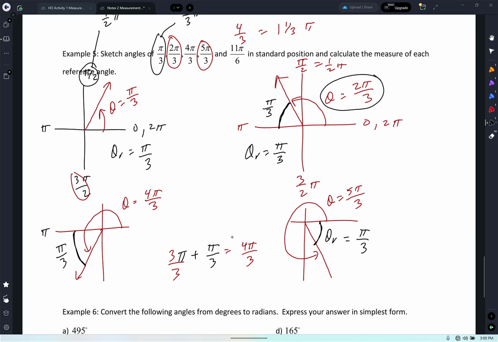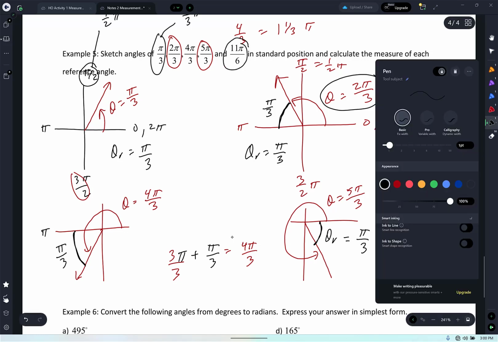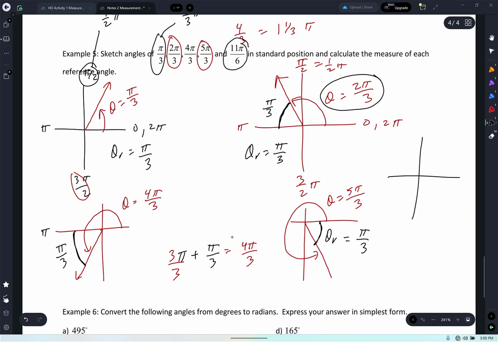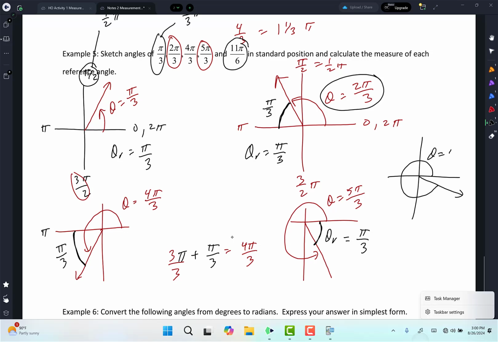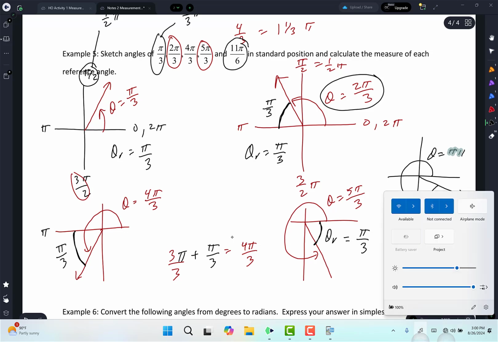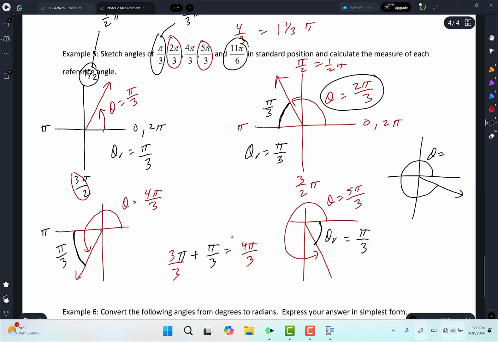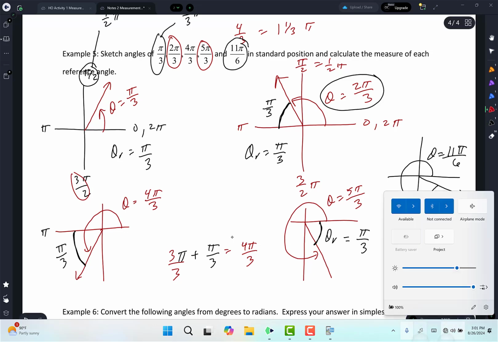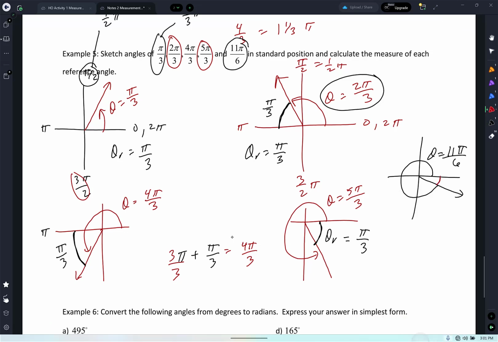Okay, perfect. Last one. 11 pi over 6. Look how close this one is to being 2 pi. 11 pi over 6. Bam. So that is 11 pi over 6. How close are you to a full revolution?